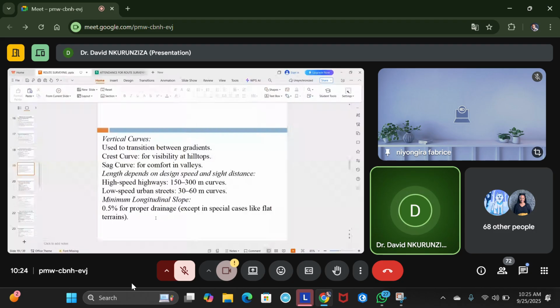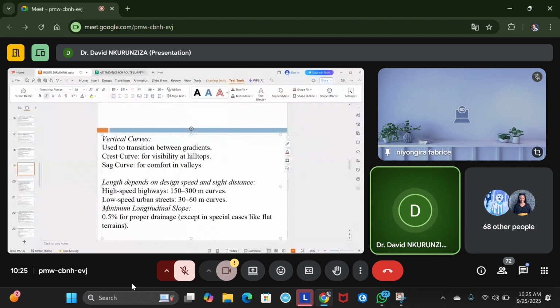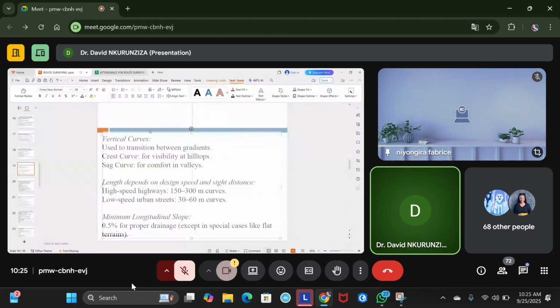There are guidelines about the length of the curve. In Rwanda, on high-speed highways you can have curves from 150 up to 300 meters. Then you can also have the minimum slope, which I think you have already said is 0.5%. Otherwise, when it rains, our roads will be full of water. That's what I want you to highlight.